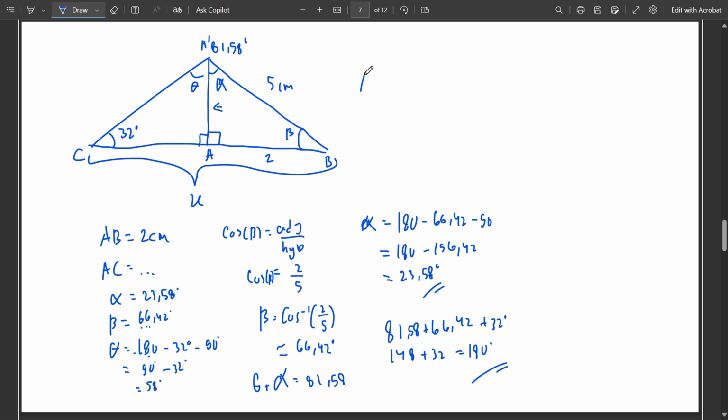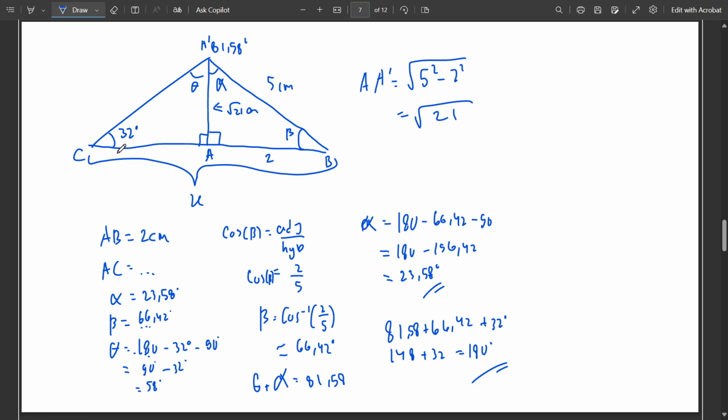So A accent is equal to the square root of 5 squared minus 2 squared, and that becomes 25 minus 4, 21. So this is square root of 21 centimeters.